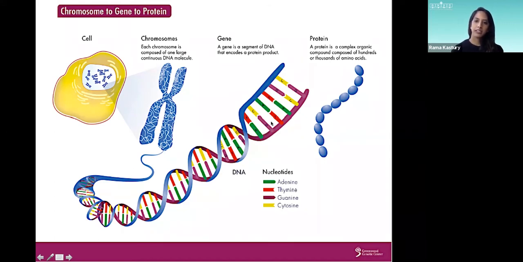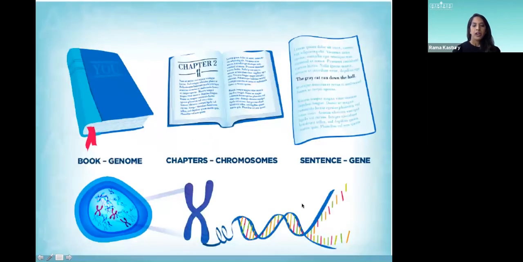Our DNA consists of multiple combinations of 4 letters, A, T, C, and G, which is shown here. When you think about DNA, I like to use an example of our entire genome, which means all of our genetic material, existing in a textbook.